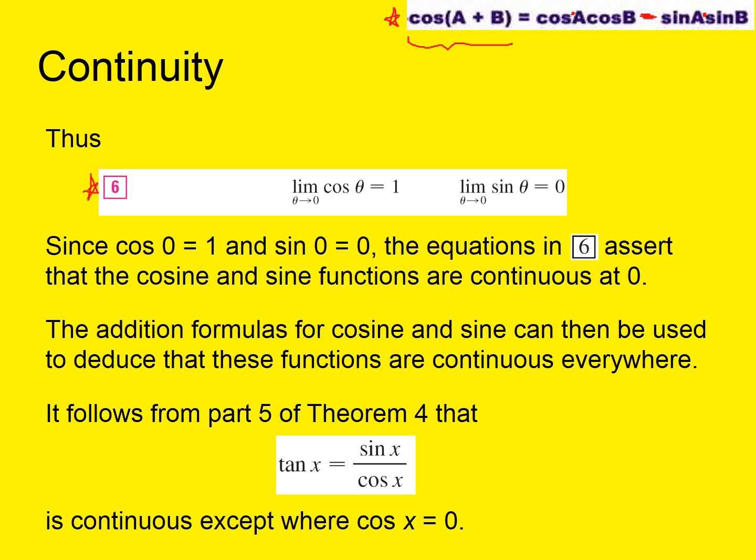It follows from part 5 of theorem 4 that tan x, which is the quotient of sine x and cos x, is continuous except where cos x equals 0, right? You can't divide by 0. So if cos x equals 0, tan x is not defined, and so it can't be continuous there, but it is going to be continuous on its domain.